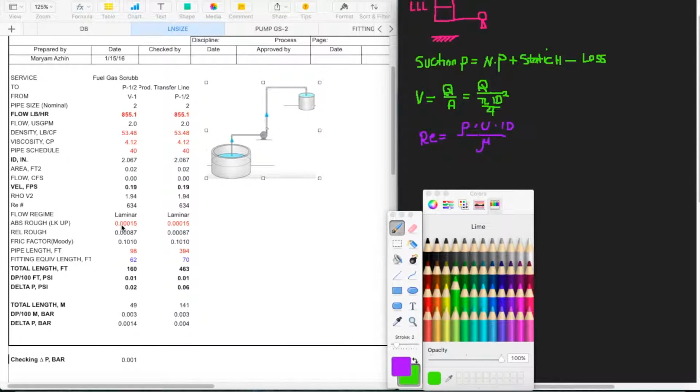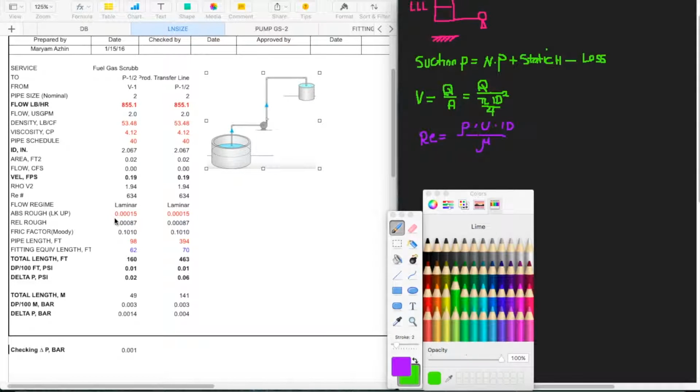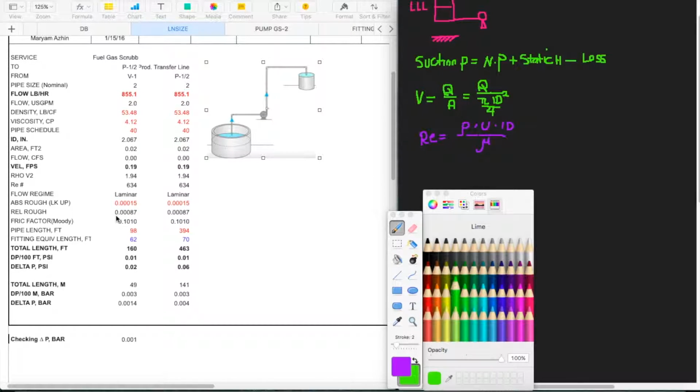Then the absolute roughness can be determined based on the pipe material, and then we can figure out the relative roughness, and then the friction factor from the Moody diagram.